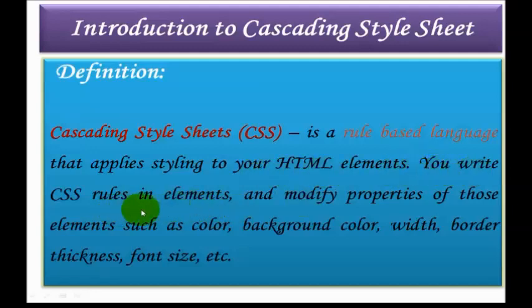You write CSS rules for elements and modify properties of those elements such as color, background color, width, border thickness, font size, etc. So CSS is a rule-based language that applies styles on HTML elements, and you can control the properties of an HTML element.